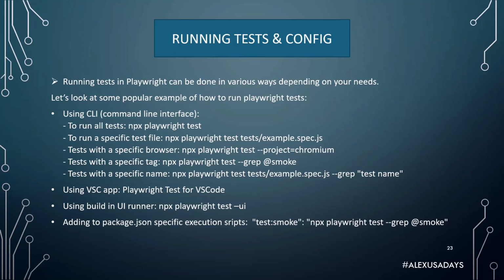So, for example, npx playwright test --grep @smoke, and it will run all of the tests that have a smoke tag. You can also run tests with a specific name in the test description. For example, npx playwright test /example.spec.js --grep and then provide a test name in quotes.